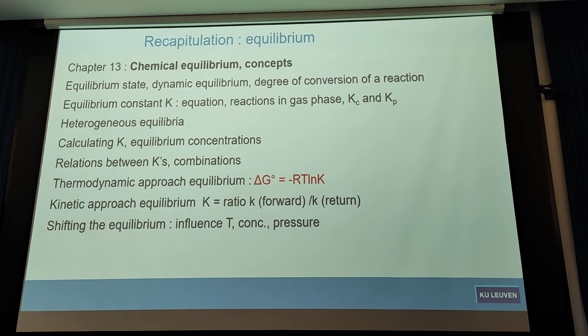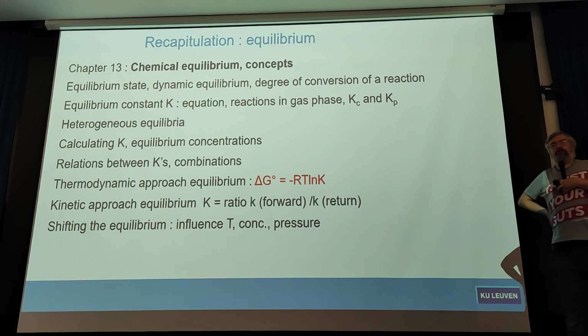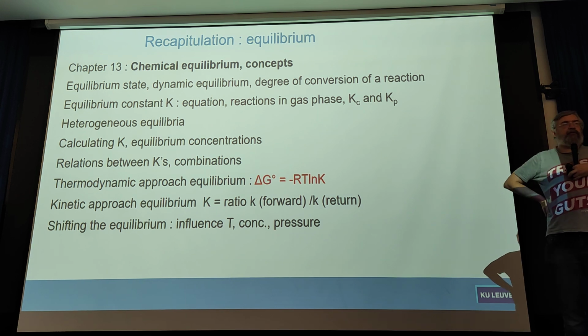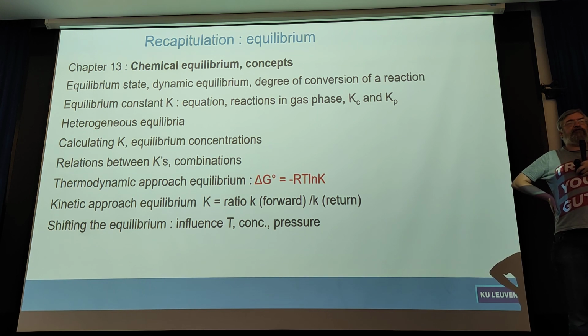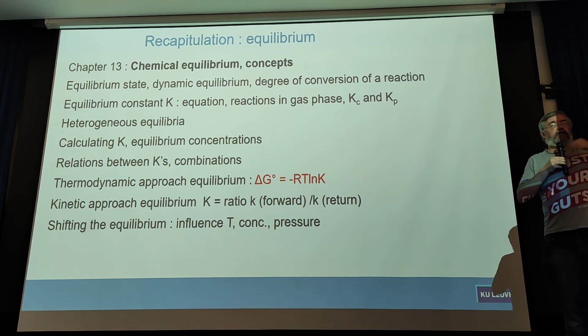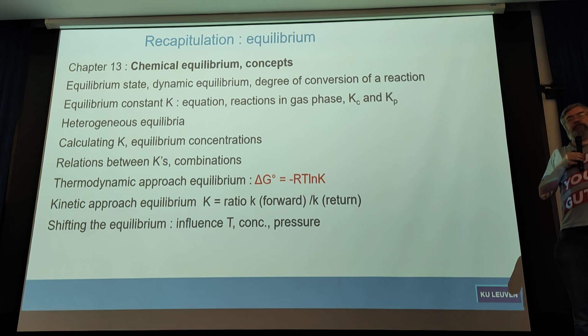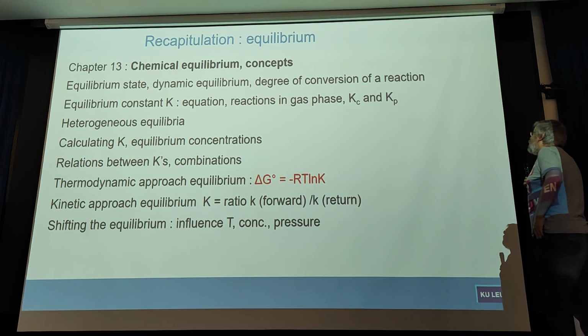We have seen that many reactions do not go to completion, but reach a certain equilibrium state where there is a mixture of the reagents and the products in varying composition. It could be mostly products, but also there are situations where very little product is formed.